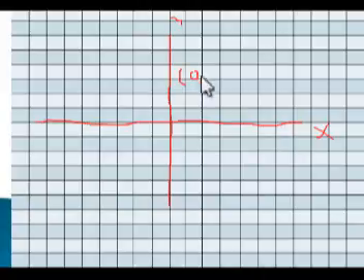Its graph will be in this way. This is the y-axis and this is the x-axis. So here x-axis, y-axis. If we take any point on the y-axis, (0, k), then for all the values of x, the line must pass through the point k only.